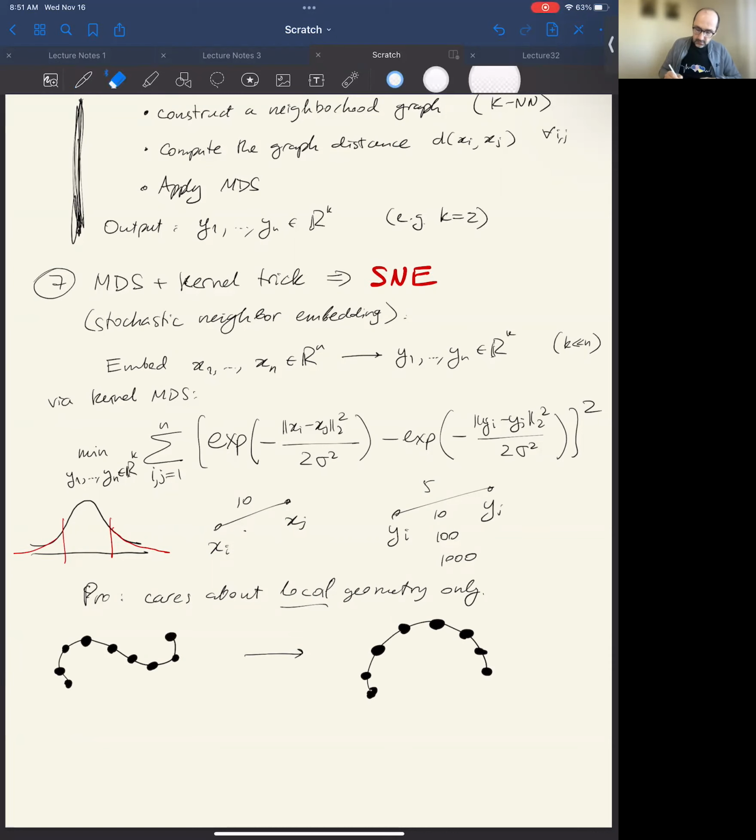Because, for example, these 2 points are, let's say, far apart, and it doesn't really matter that we put them even farther. The penalty is low. So what this method achieves, the SNE, is that it cares about local geometry, just like the neighborhood graph. And so we can bypass the graph now. We can just directly apply this method.